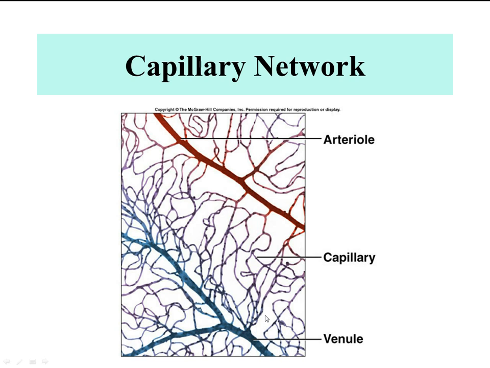And so now you have convergence. They're coming together to form the venules, and smaller venules forming larger venules, until this venule will meet up with other venules to form larger venules, and then veins, and back to the heart.